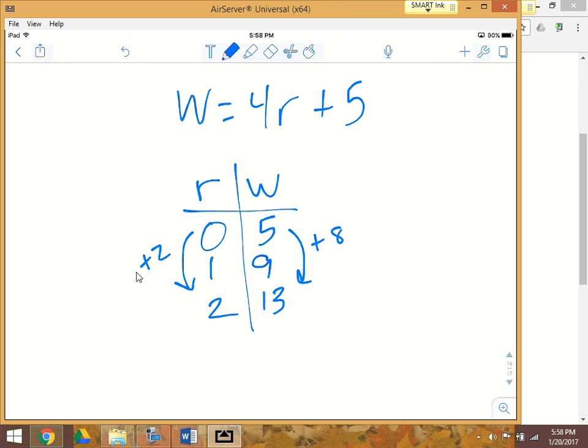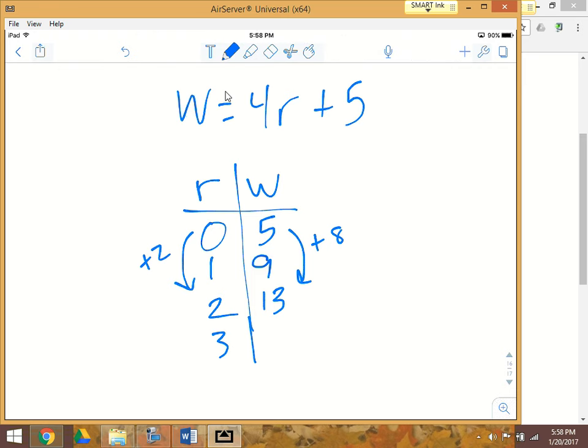So I'm not quite there yet. So let's try 3 rocks. 4 times 3 is 12. Ooh, maybe that's our answer here, because we're looking for an increase of 12 pounds, and 4 times 3 happens to be 12. All right, so 12 plus 5 is 17.